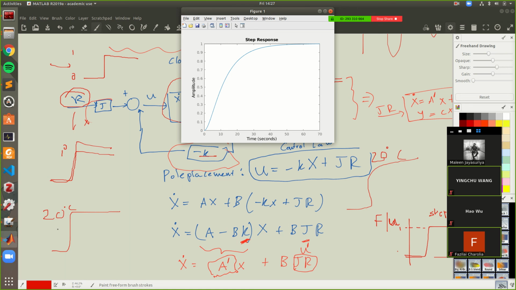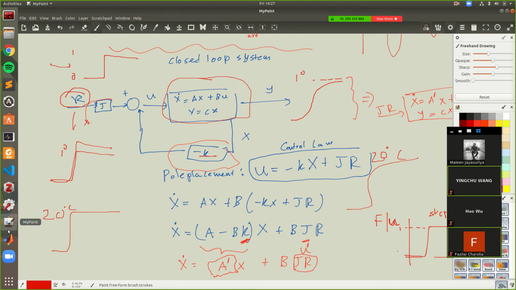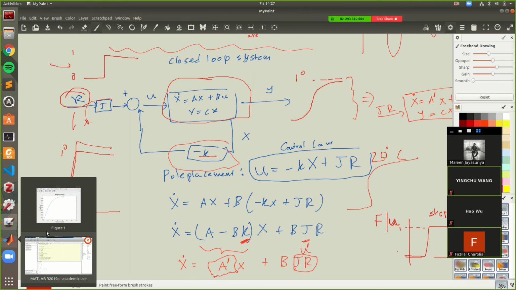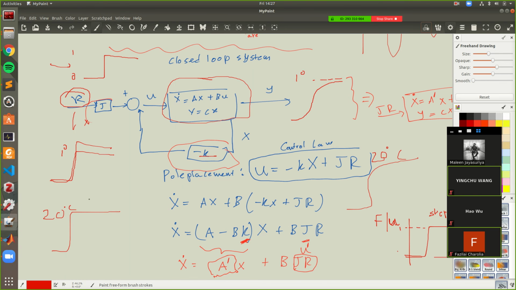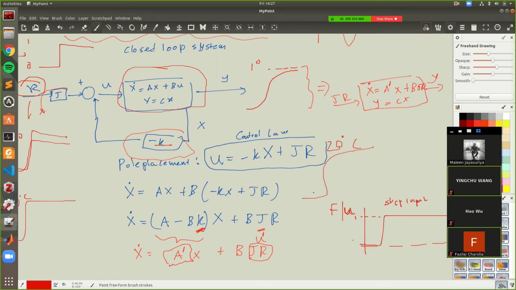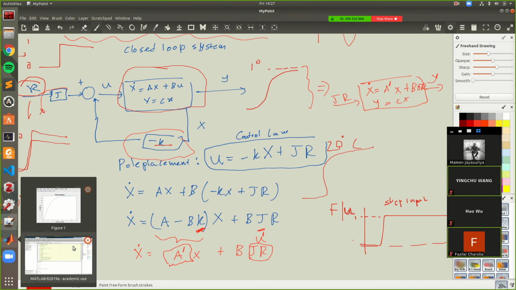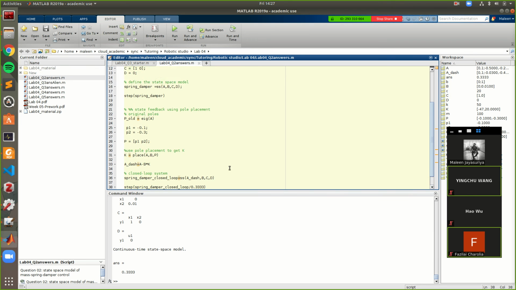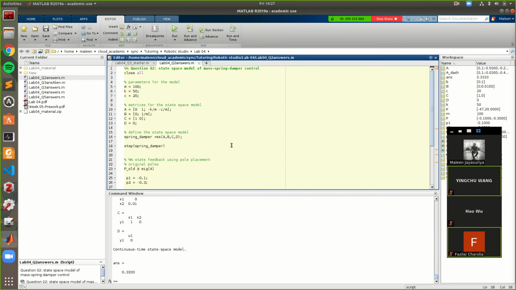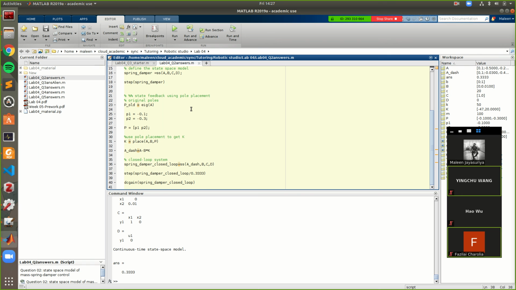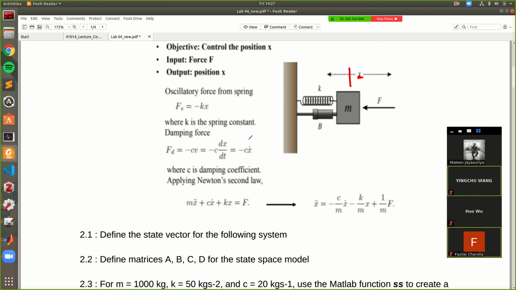Cool. Okay, so we've used MATLAB's tools to quickly and easily do that. All right, so that is question 2 done.